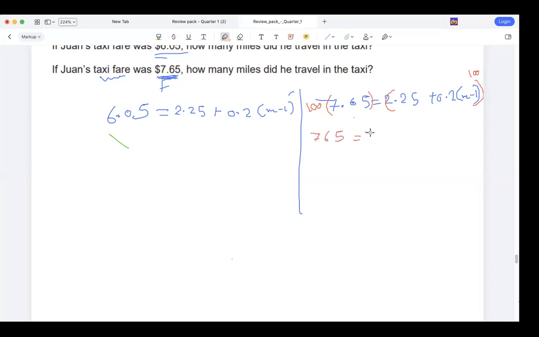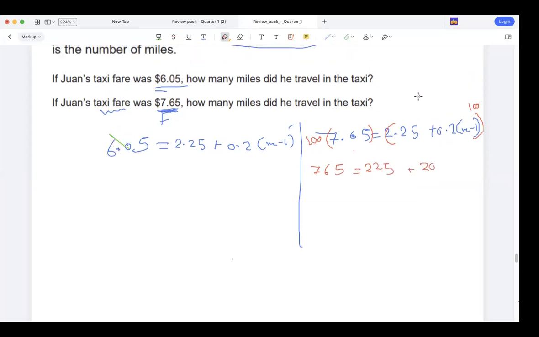And then it will become like this: 765 equals 225 plus 20 times... what is 0.2 times 100? It becomes 20. So here is 20, and you still have m minus 1.